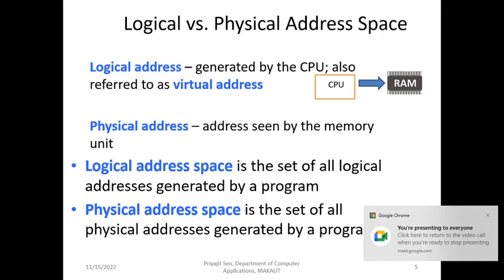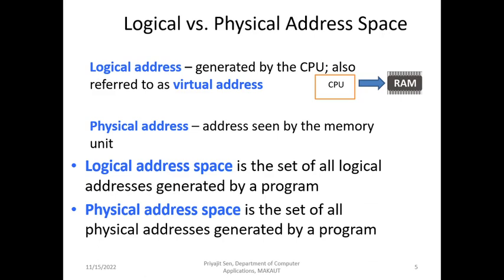So first of all, the logical address and physical address. This is a very important question. Okay. So what is the logical address and what is the physical address? See that if the CPU generates some address, then it will be known as the logical address.